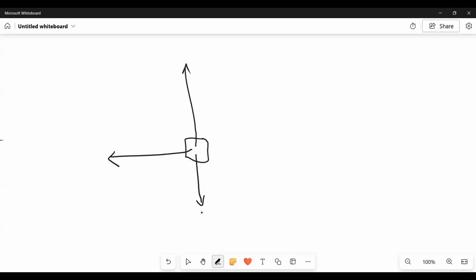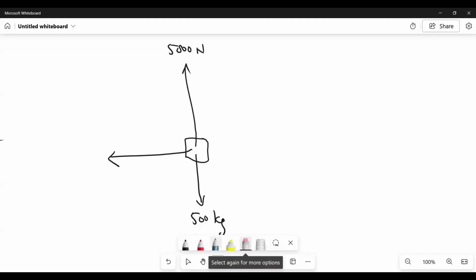Good. So let's say it's raising 500 kg, which is about half a ton, right? And the drag line is exerting an equal force to this. Let's go with 5,000 newtons there. I should tell you this: I'm wrong in putting kg.